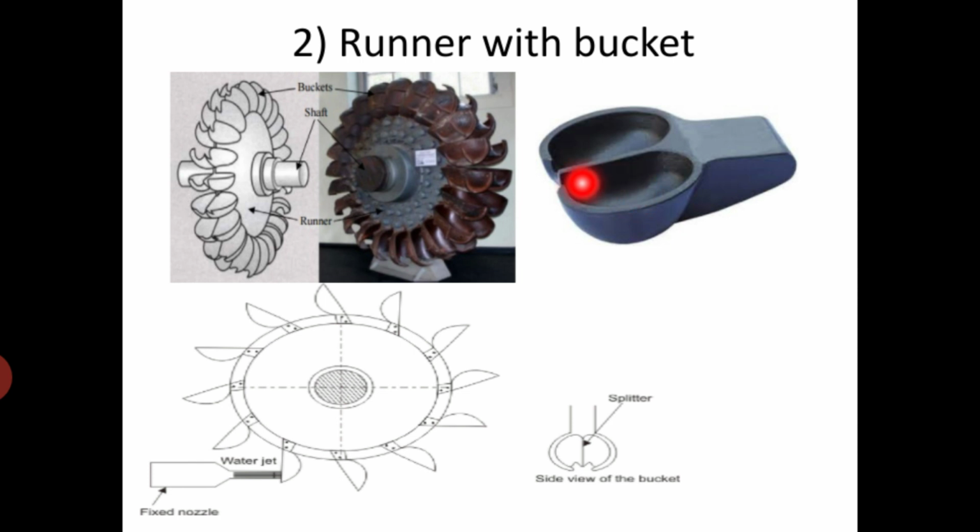Where the jet strikes at the center of this bucket, this part is called the splitter, and it divides the jet into two parts, and after turning through 160 to 170 degrees, it leaves from the outer edges.